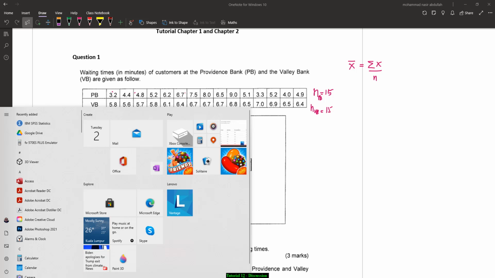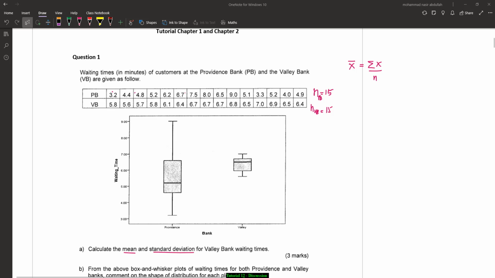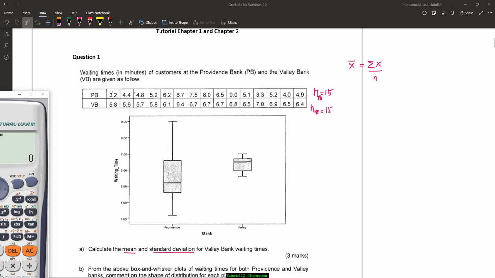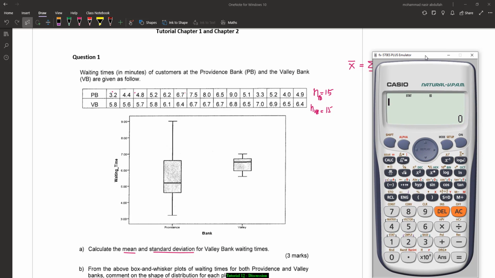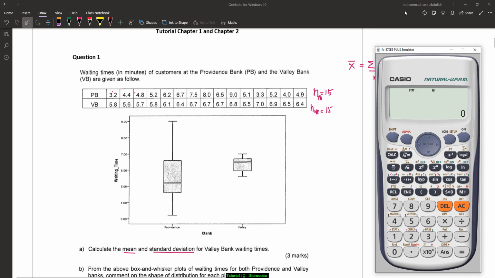Very simple, just open the calculator. Let's try to key in both together, instead of a single value.